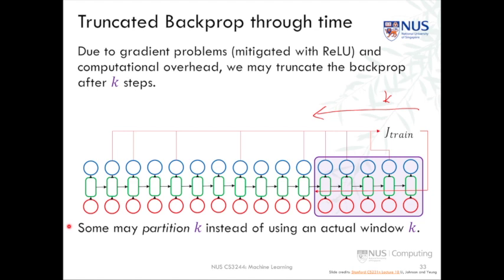In certain deep learning frameworks, they may not enforce this window of K, but instead partition the input into blocks, in which we would still do the forward propagation all the way through, but when we do backpropagation, limit the window to that part. So even if we're here in the sequence or here in the sequence, we would only backprop to this point.